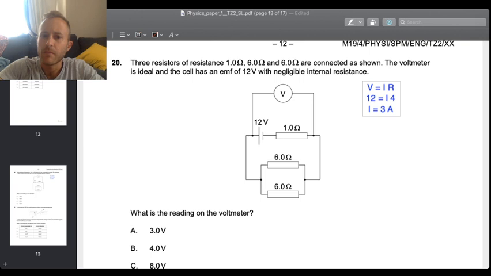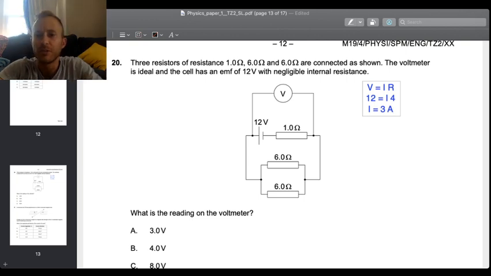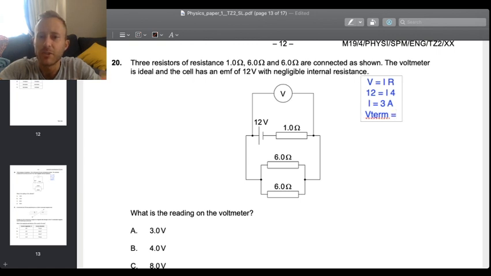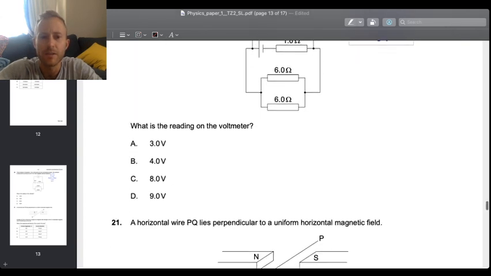And that 3 amps is fed into the external resistors. The external resistors have a total resistance of 3 ohms. So I have I times R external, which equals 3 times 3. So I get 9 volts. So the answer would be D.